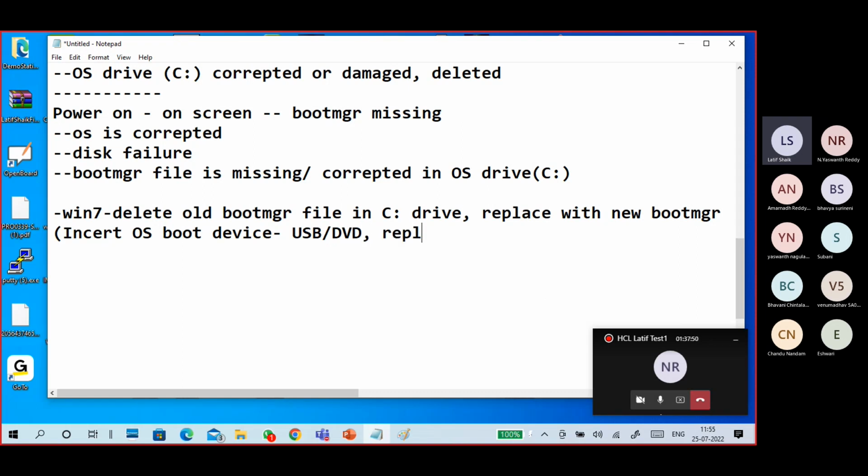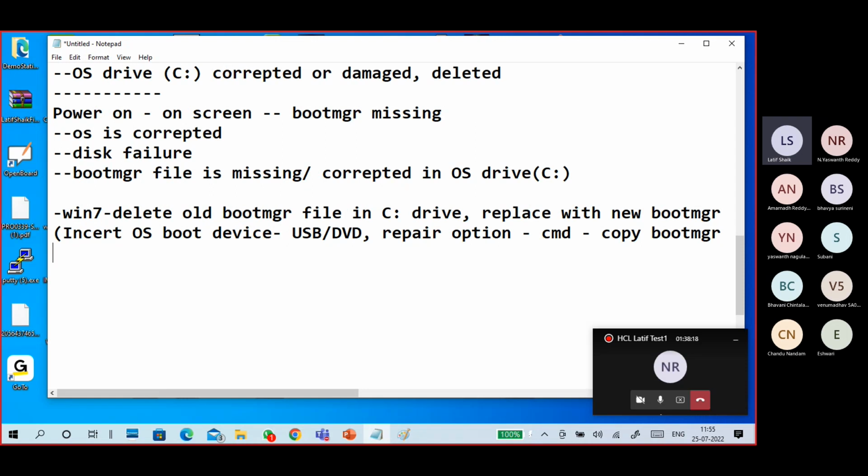Go to repair mode, to the repair option, Command Prompt. Then copy boot MGR. That is one important thing.